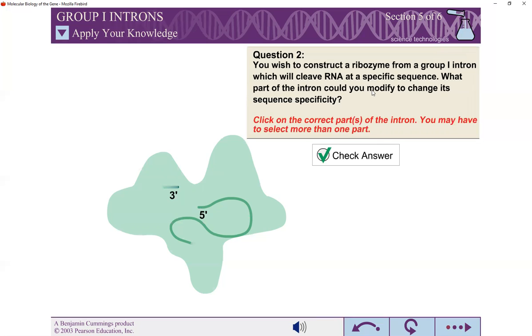Click on the correct part of the intron. You may have to select more than one answer.